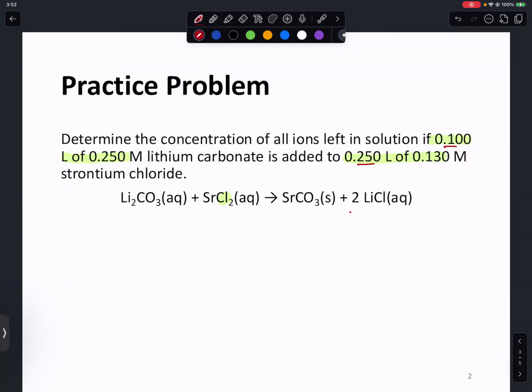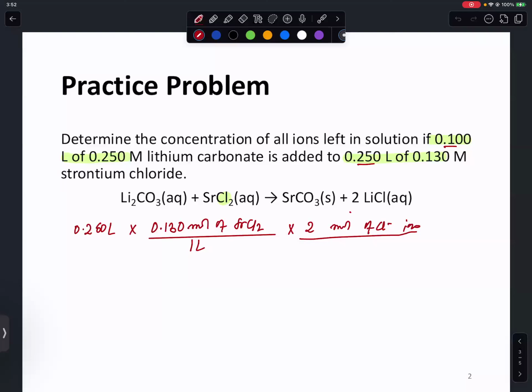Again, I have 0.250 liters times 0.130 moles of strontium chloride in 1 liter of solution, and then 2 moles of chloride ions in 1 mole of strontium chloride. The moles right here are 0.0650 moles of chloride ions.